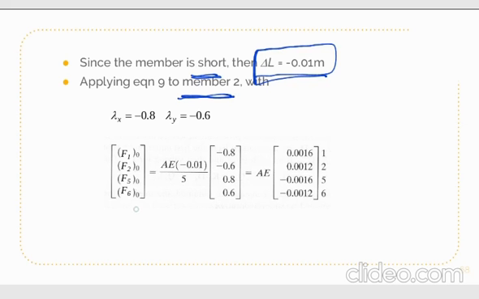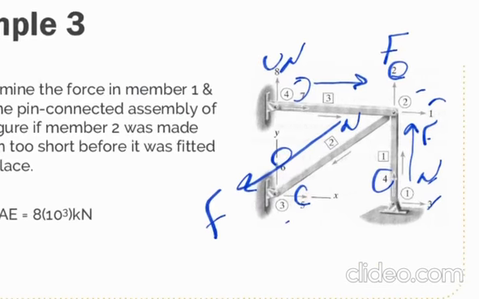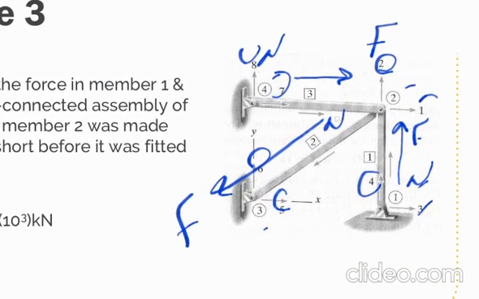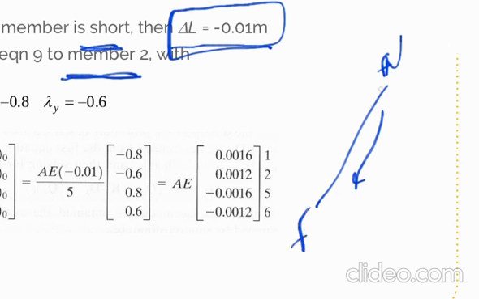Now after that we should find the force. Let me show here, this is member number 2 and the direction is like this. This is the near point and this is the far point.